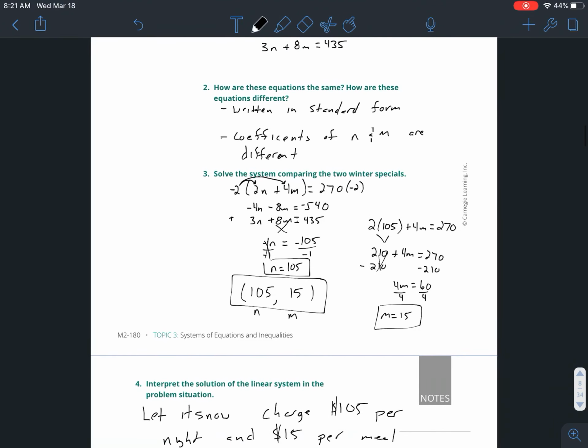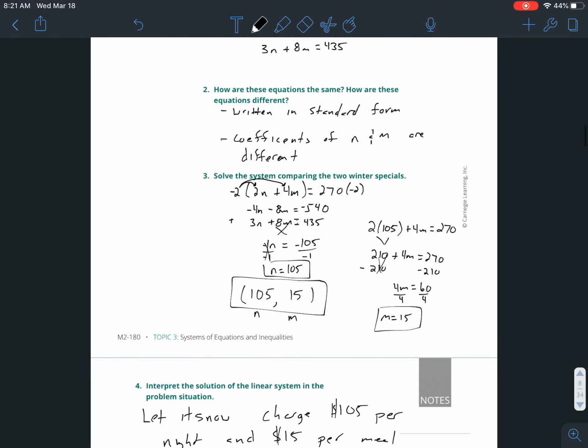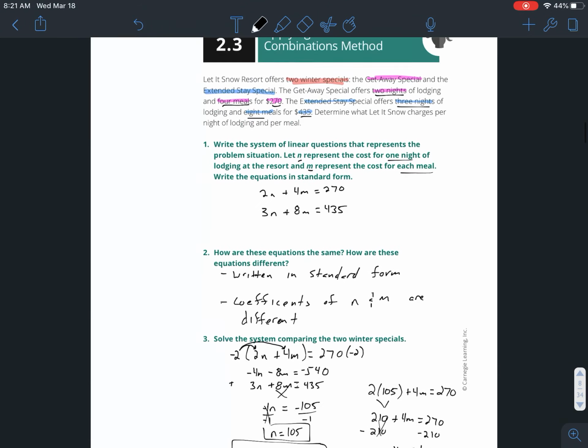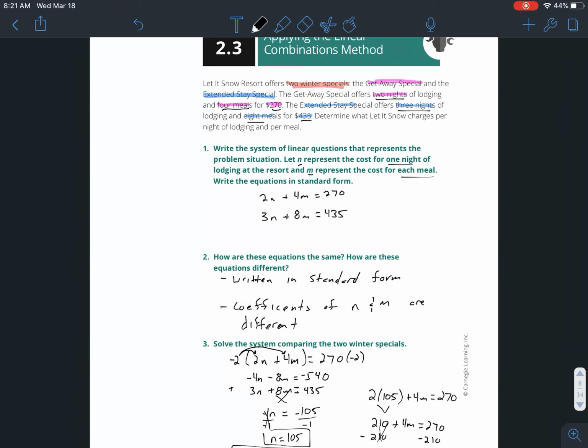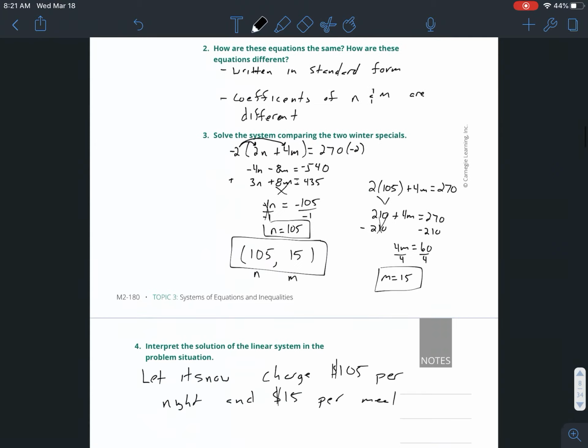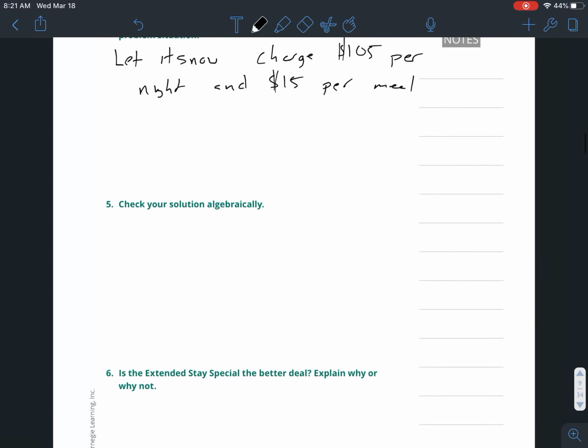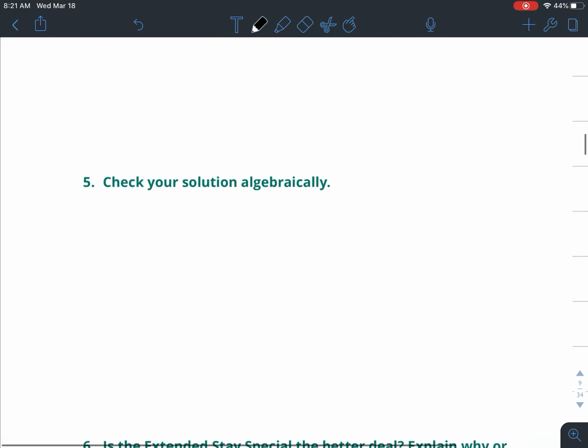the way they check and see this is if you take the 2n plus 4m equals 270.